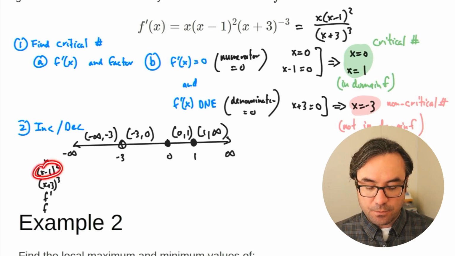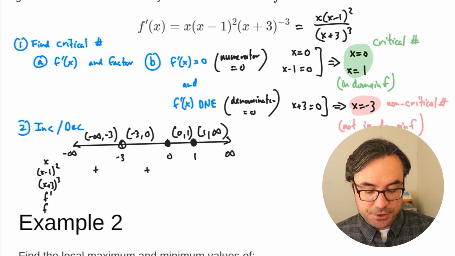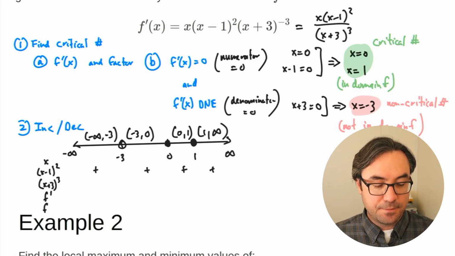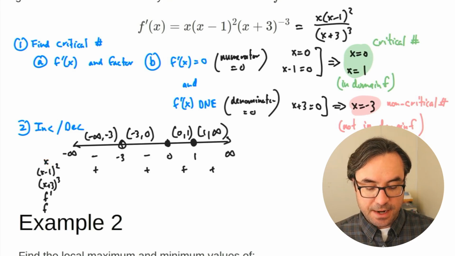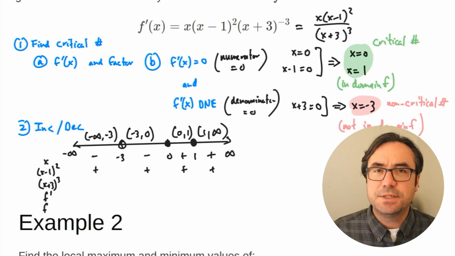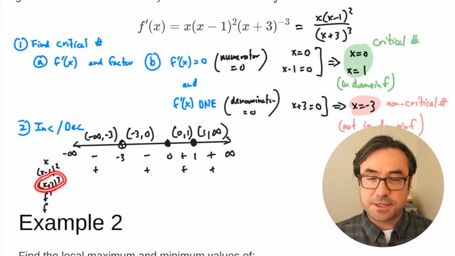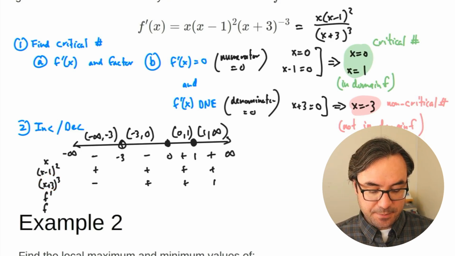Now for this squared one, whenever we square anything, it's always going to be positive. So we can just go right across, positive. And then for the x factor, that's going to be negative, negative, positive, positive. So again, go back to the increase, decrease if you don't remember exactly how to fill this in. And then for x plus 3 cubed, it's going to be negative, positive, positive, positive.